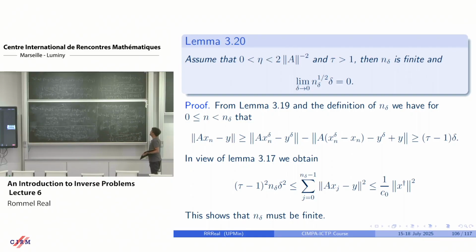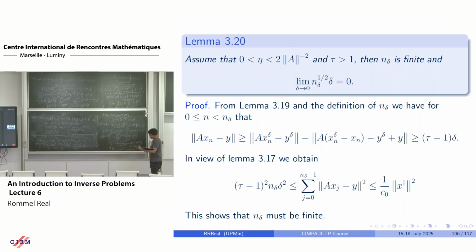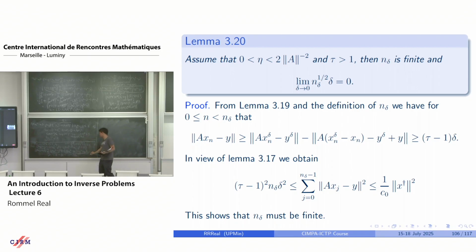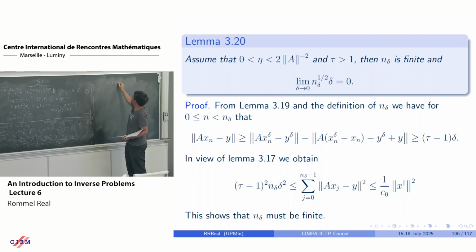And then now we can use that bound over there in showing that n delta is finite. So it's like this. By using that one here, then we have something like tau minus 1 times delta less than or equal to the norm of a x_j minus y.